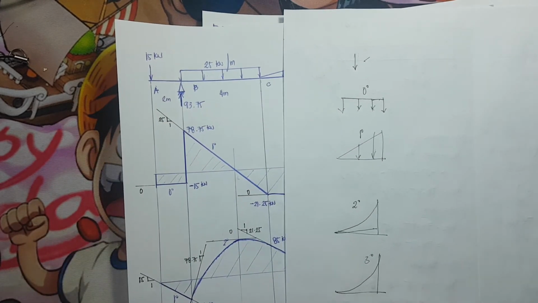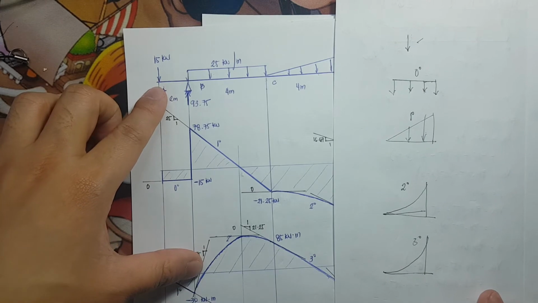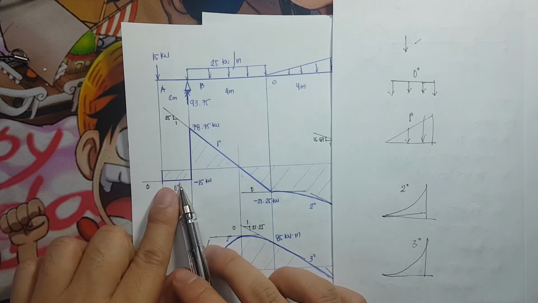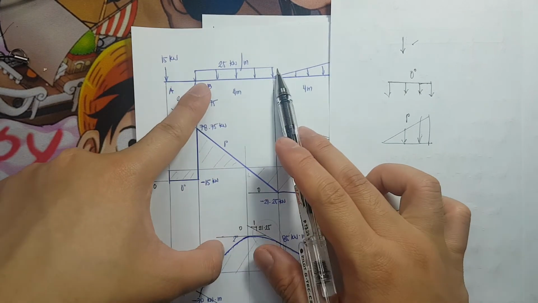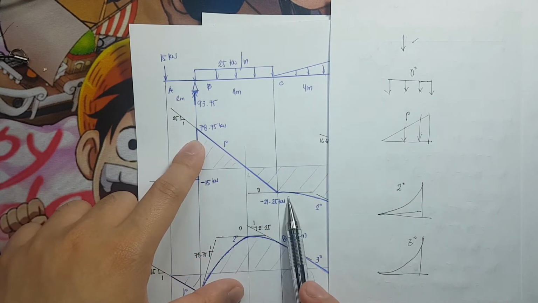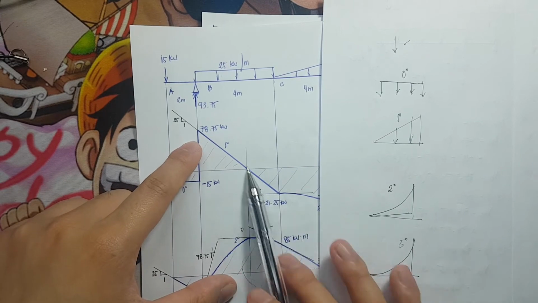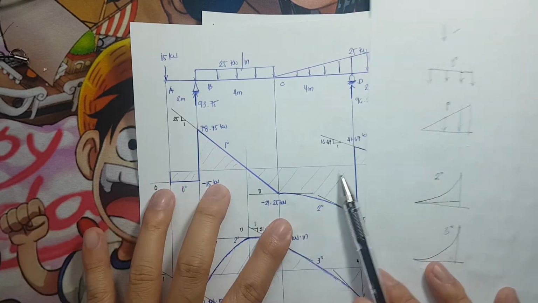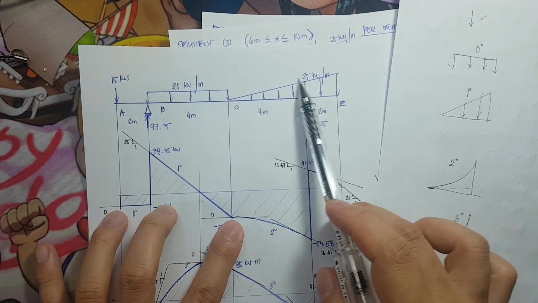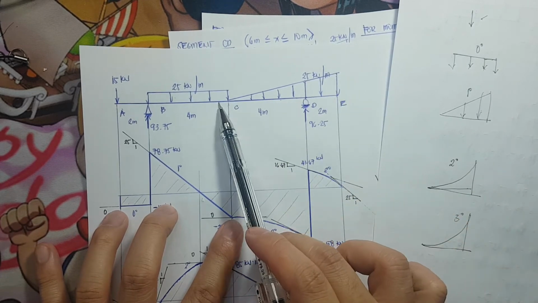Okay? So, dito, we have a point load. So, we have a first degree. We have a uniformly distributed load. We have a first degree. For 0 degree ito, first degree for the load, for the shear diagram. Dito, ang ginamit natin dito is first degree.